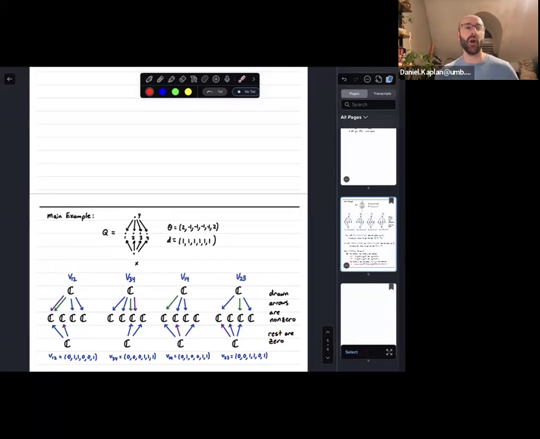Anytime an arrow is drawn, I'm taking just the identity transformation, 1 here. And the reason that V12 is named this way is that starting from X, you can go to 1 and you can go to 2, and that's it. And these arrows are to be ignored for now, pretend they don't exist.